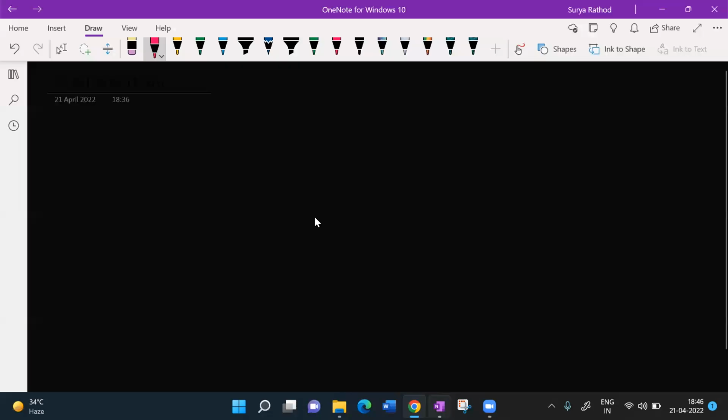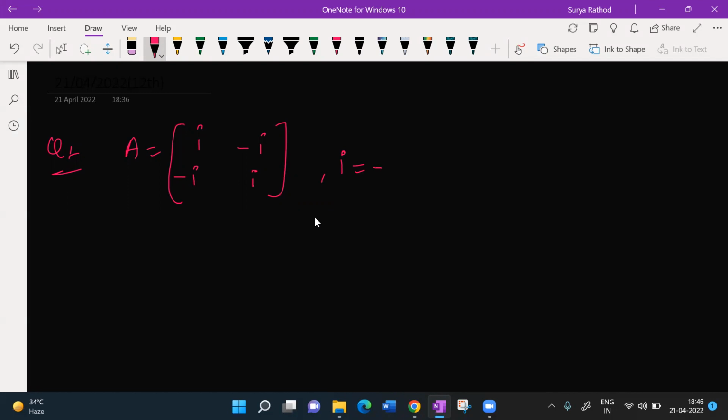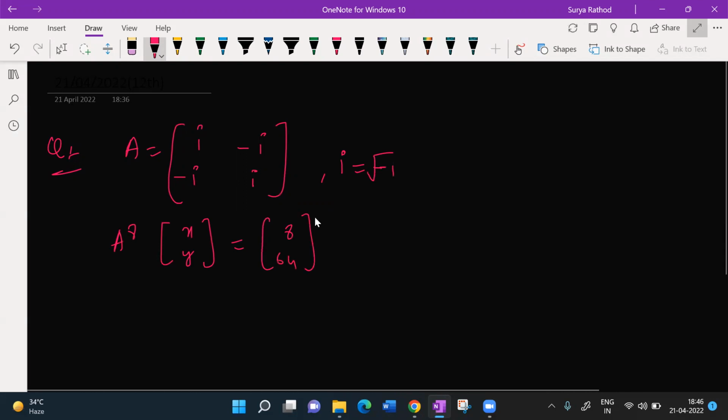The question he has given: A matrix is given, with entries I, minus I, minus I, plus I, where I is equal to the square root of minus 1. Then the system of linear equations A to the power of 8 times xy is equal to 864. What is it?